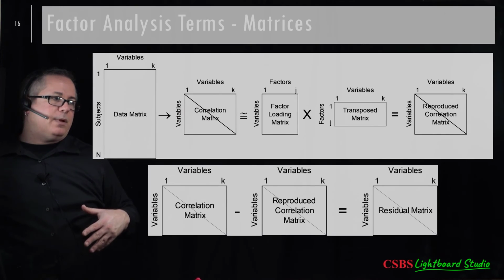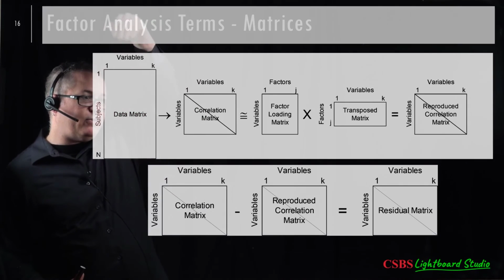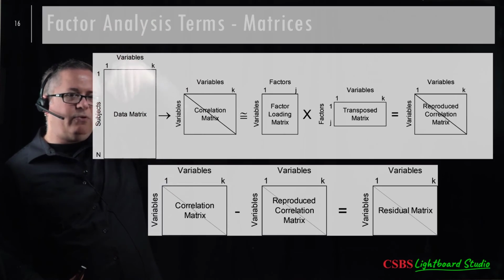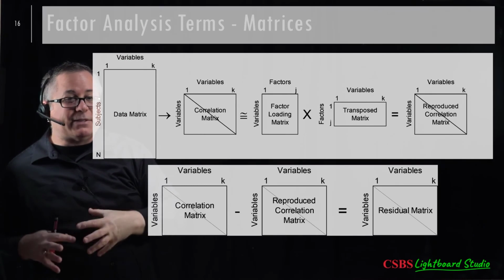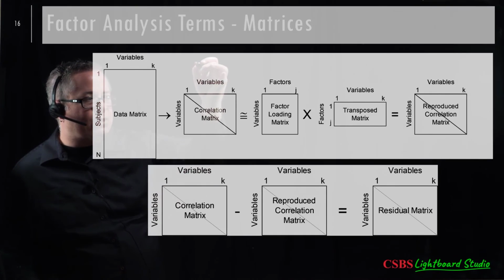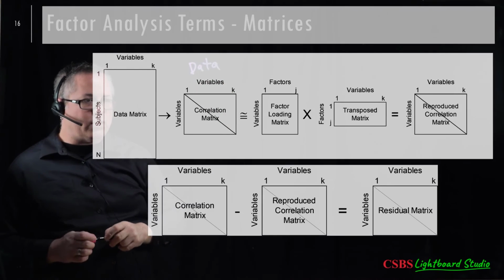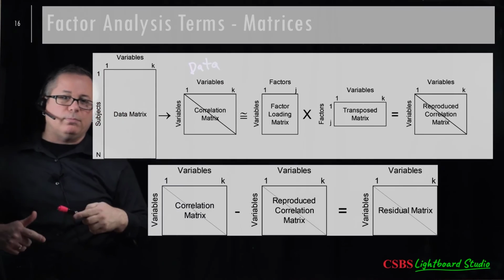Okay, here's the interesting part. Even though we collect this data here, we want to screen this data, make sure everything's good. One of the reasons why I say that anything that happens in a data set that affects the correlation is going to affect your factor analysis is because this is your actual data. This is the data that the computer is going to use to actually run the factor analysis, which brings a really cool, important point.